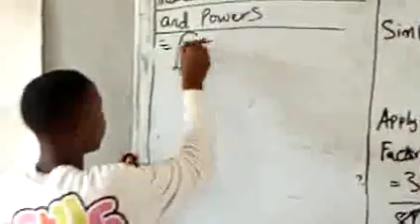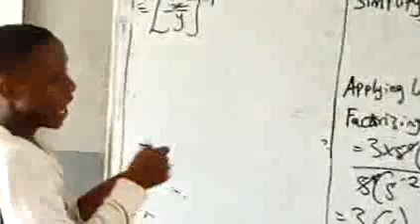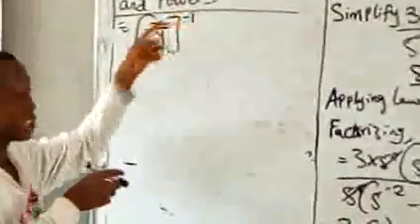So therefore we now have x over y, all raised to the power minus 1. This is division. We have x divided by y, which is x over y, all raised to the power minus 1. Now recall, this negative sign is equal to 1 over. So therefore, we have 1 over x over y.